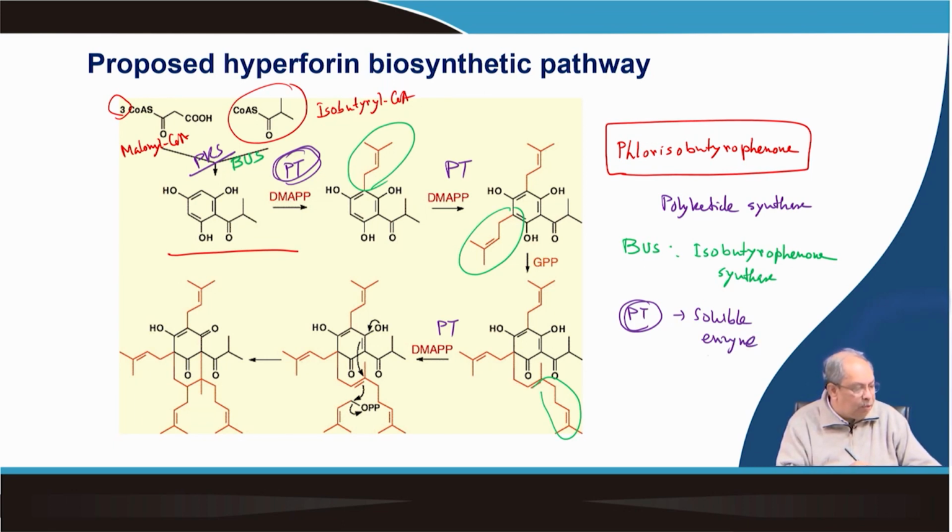The major constituents accumulating in Hypericum perforatum include hyperforin, hypericin along with several xanthones, which are all polyketide derivatives. So, this is in brief the biosynthetic pathway, which has been characterized only at the biochemical level, not at the molecular level yet.